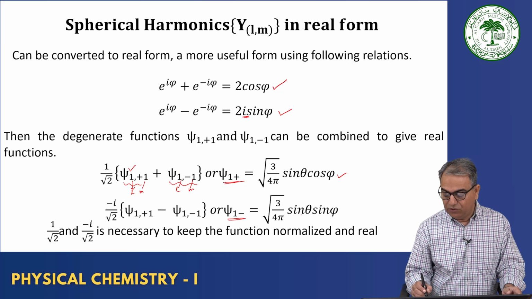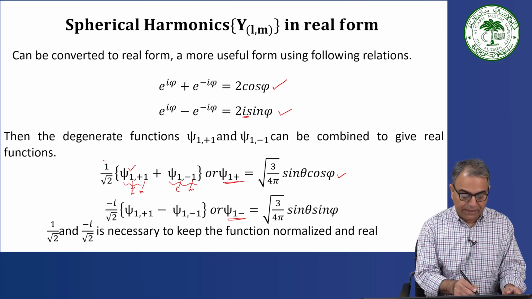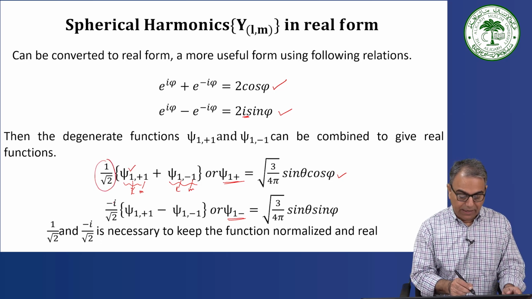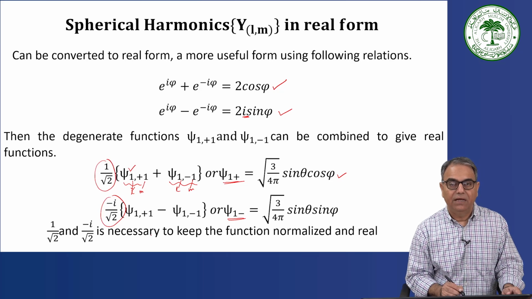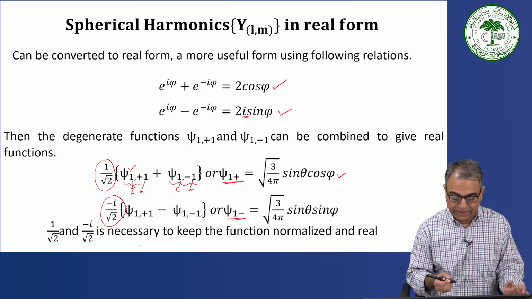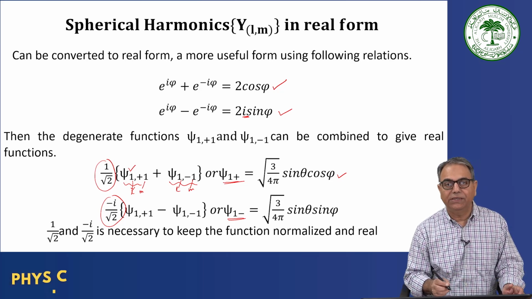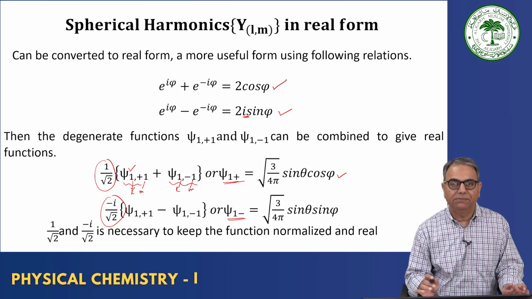Then here you also get an i value. So what we do, we multiply it by coefficients 1 by root 2 here and minus i by root 2 here. Why do we multiply this, and from where does it come? It comes from arbitrary functions, but when we multiply this with this function, the function which you get is easy to interpret and it becomes a real function.